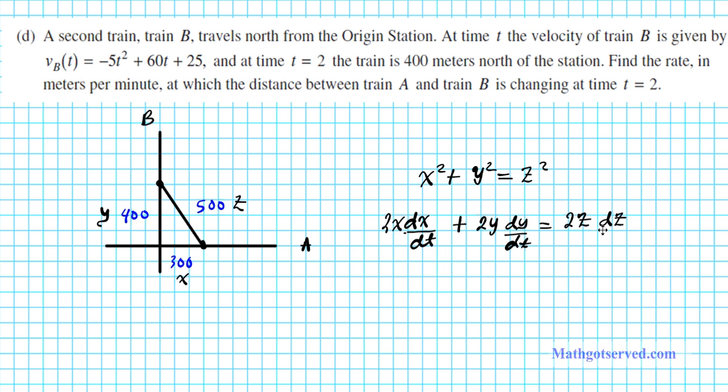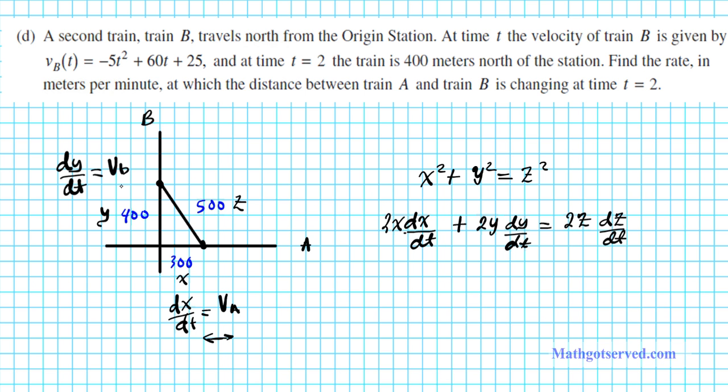Alright? So one thing you want to note is that dx dt is the rate of change of distance in the x direction. dx dt is the velocity of train A, because that's the rate at which it's moving east and west, right? And then dy dt, what's moving in the north direction? It's train B, the velocity of the B train.